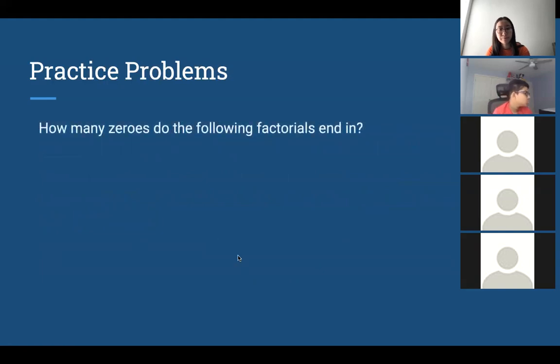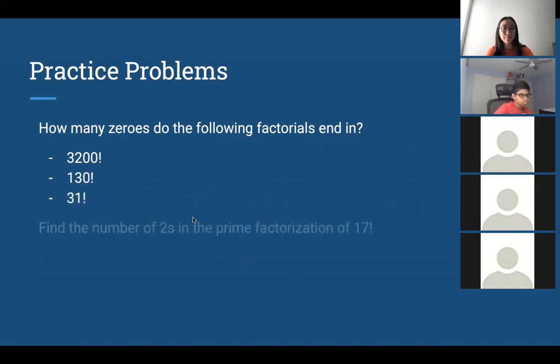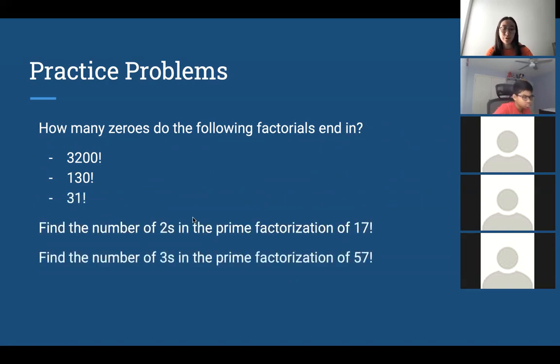All right, so some practice problems. How many zeros do the following numbers end with? We're going to go through all of them, and you can go ahead and try it.